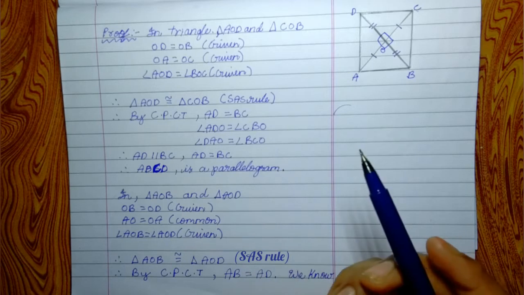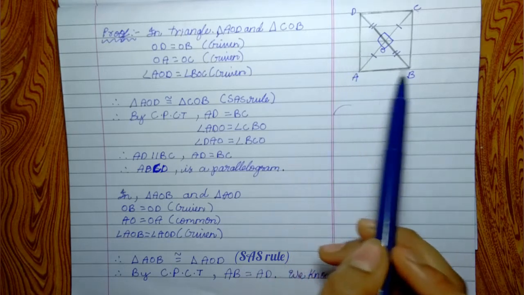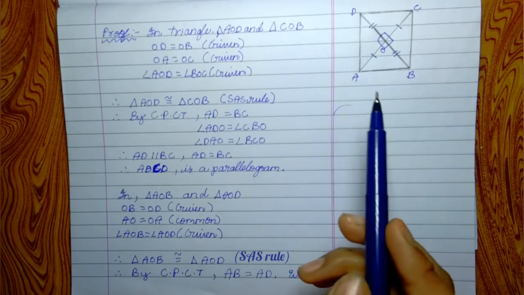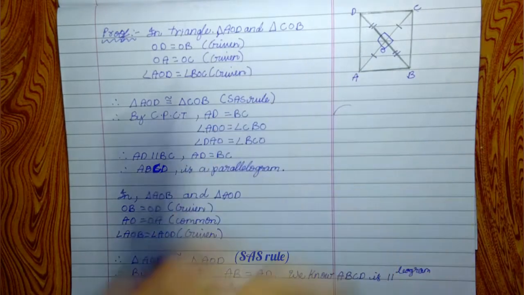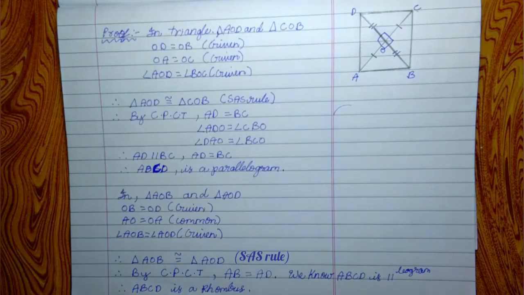A parallelogram with its adjacent sides equal is said to be a rhombus, as you all know. Therefore, ABCD quadrilateral is a rhombus. Okay friends? So now we know that this quadrilateral is a rhombus. Okay, let us move on.